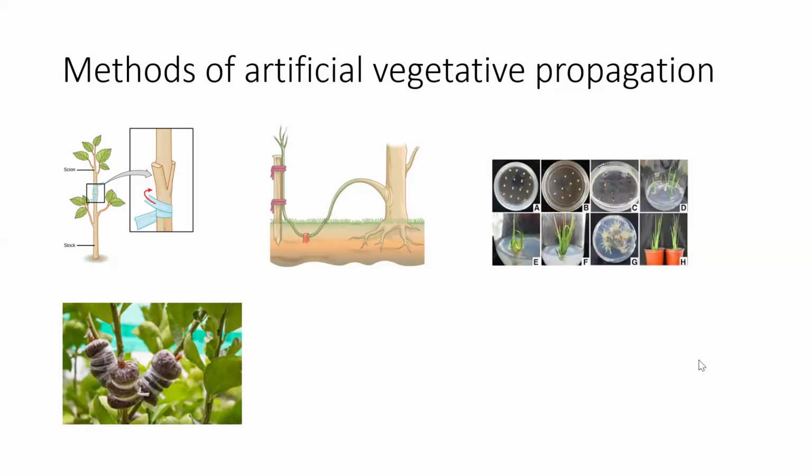Eventually, a pronounced callus, a thick new tissue, forms at the upper side of the girdle and the roots appear. They grow into the moss, and when a sufficient root mass is present, the branch is cut through at the lower end of the girdle and potted.